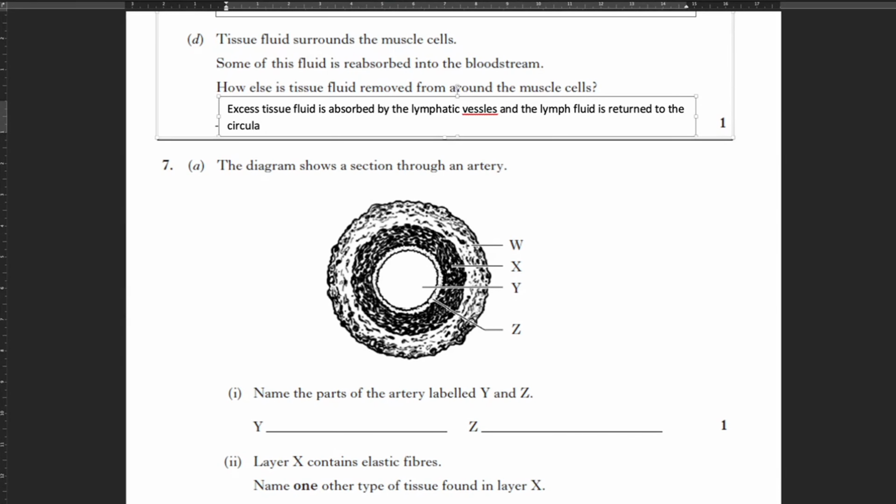Okay, and it's usually another location within the body. Okay, you can see it's not just you guys that can't spell. Mr. White can't do it either.